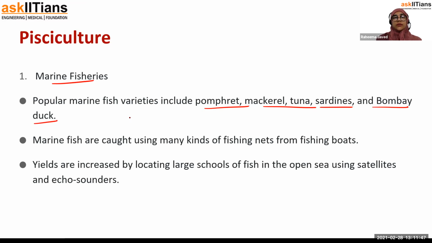I'm going to show you in the picture. They can be caught by using fishing nets from fishing boats, and we can also locate large schools of fishes using satellites and echo sounders.